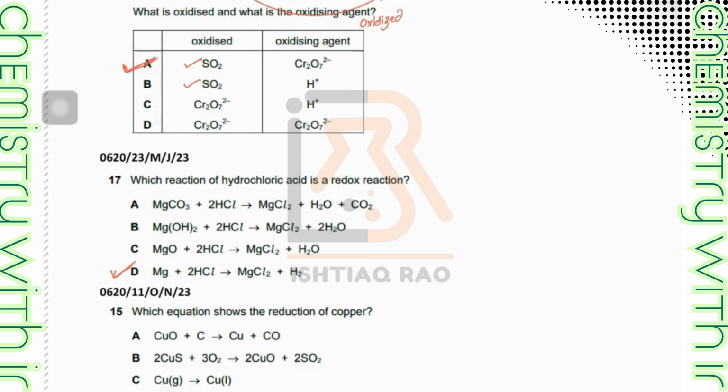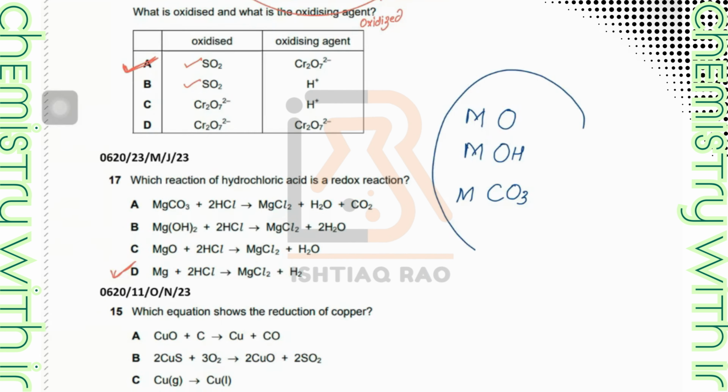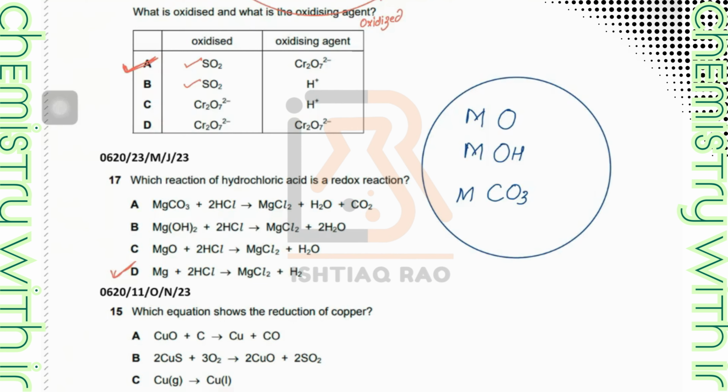In a base, you can see O or OH or CO3, with a metal. If these things are present in a compound, you can say this is a base. Metal, base, acid: it's a neutralization. If this is a neutralization, this would not be a redox reaction. So 100% option D is correct.